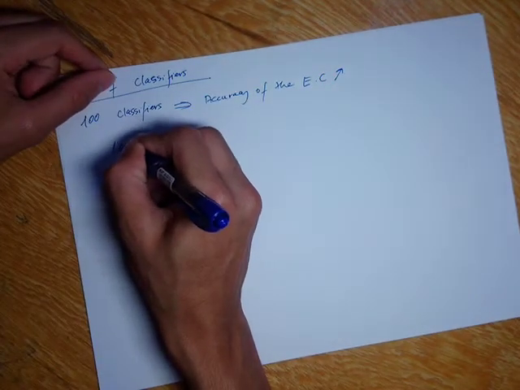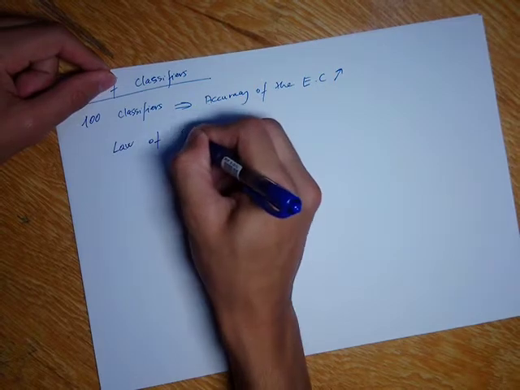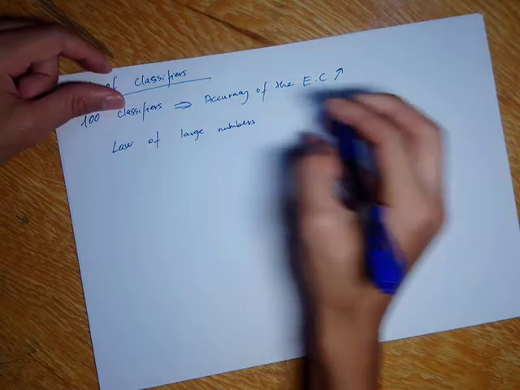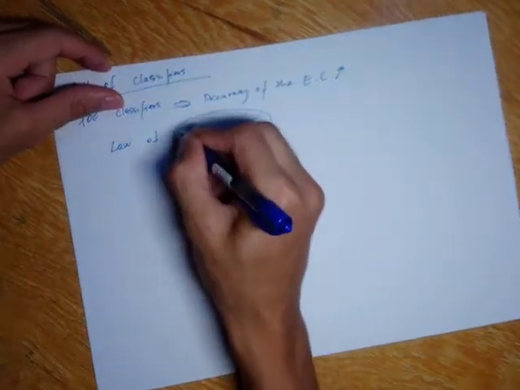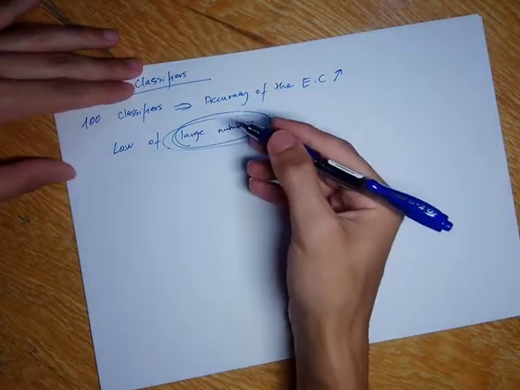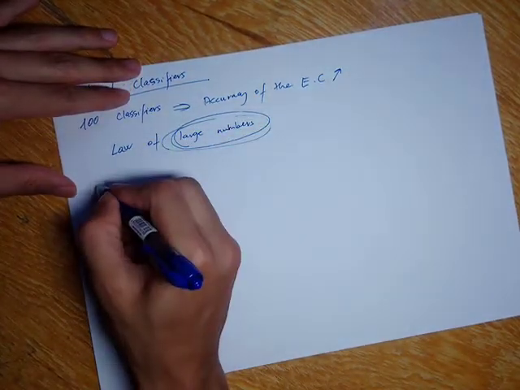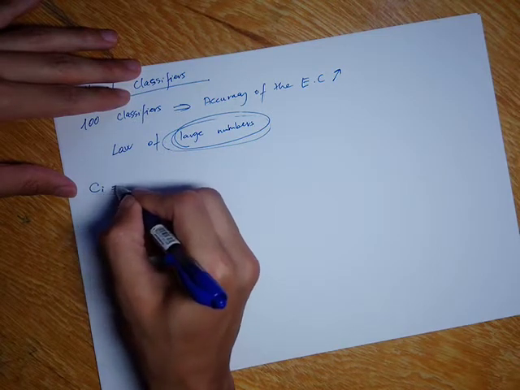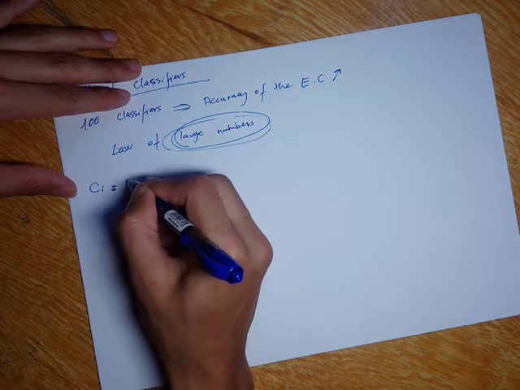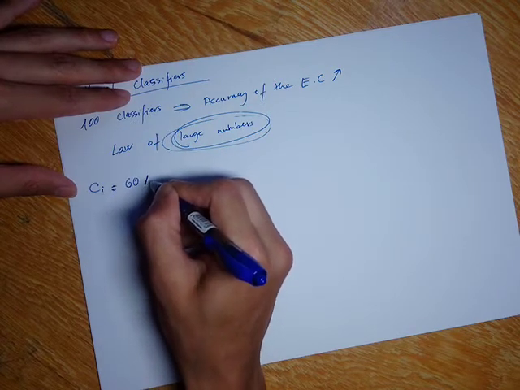Well, this has to do with something called the law of large numbers in mathematics. And I will talk about what large numbers means in this context, but what I want to do is to consider a given classifier that has an accuracy of, say, 60%, right?